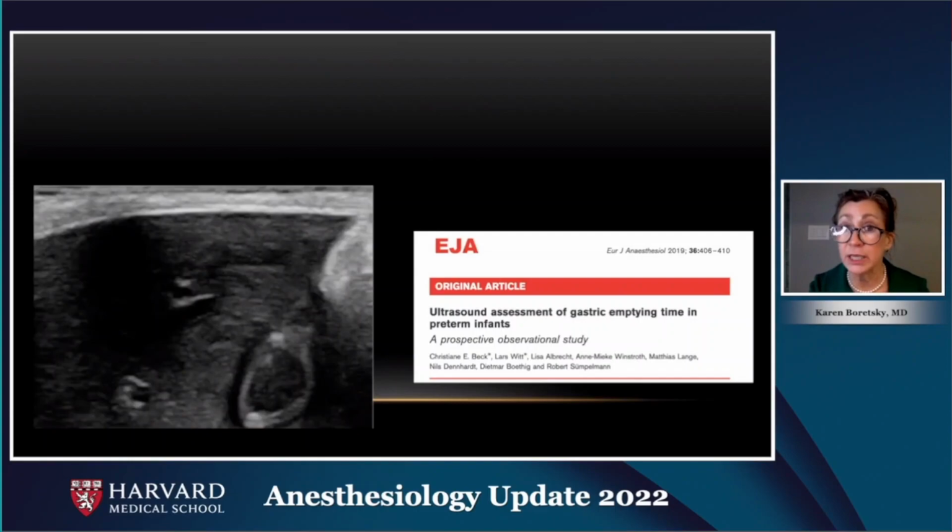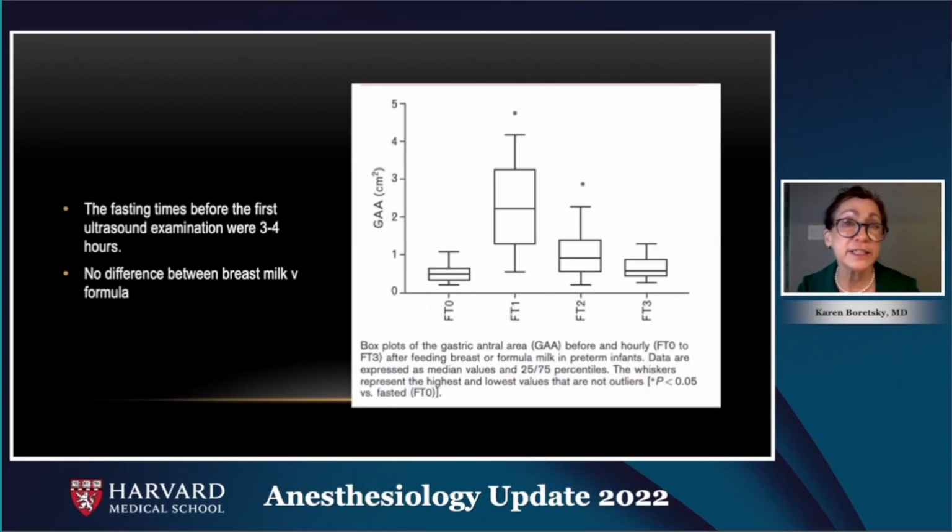The same thing in preterm infants: we find that gastric emptying time is much shorter than our NPO times. I really wanted to show this cute little milk tummy. This is what a little milk-filled tummy on a preterm infant would look like on ultrasound. And that's full. You can see the fluid inside. These are box plots looking at those preterm infants, and there was no difference whether they were breast milk fed or formula fed.